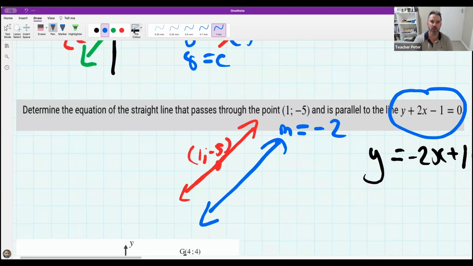Now, if the blue line's gradient is minus 2, the gradient of the red line, because it's parallel, must also be minus 2. And now you can work out the equation of the red line for me. So I'll give you some time to do that.